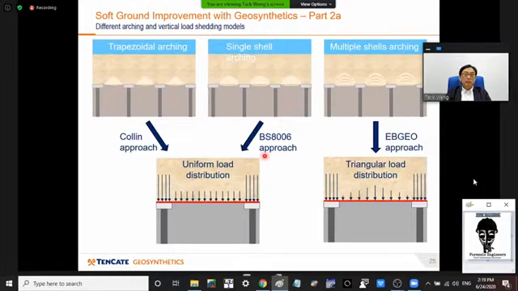Whereas the BS8006 is more conservative. It has a bigger arch dome, and there's more load that gets transferred onto the reinforcement, also with a uniform load distribution. And the ABGEO approach involves the multiple shells arching, and the load that gets distributed onto the reinforcement is assumed to be triangular form.